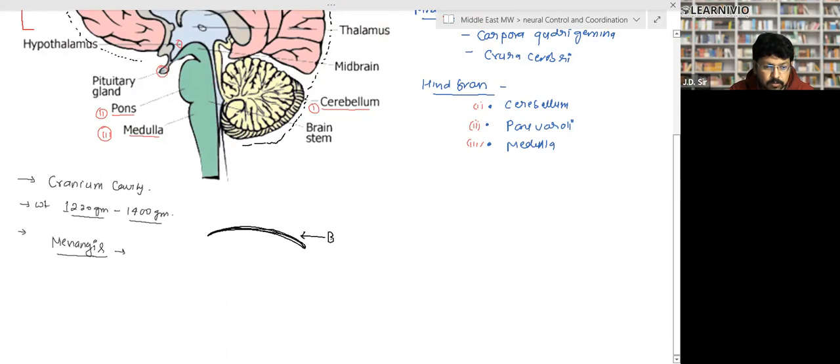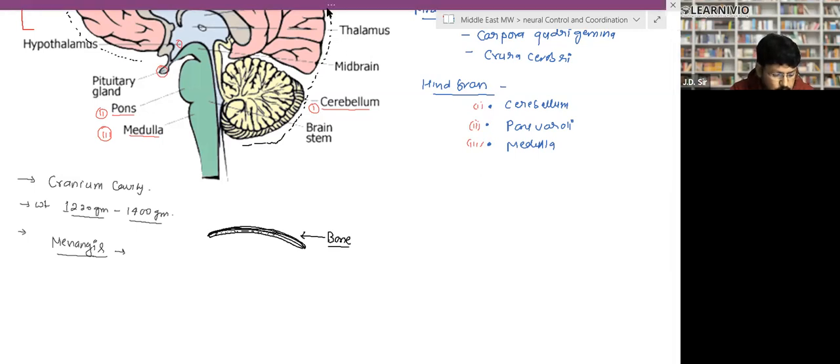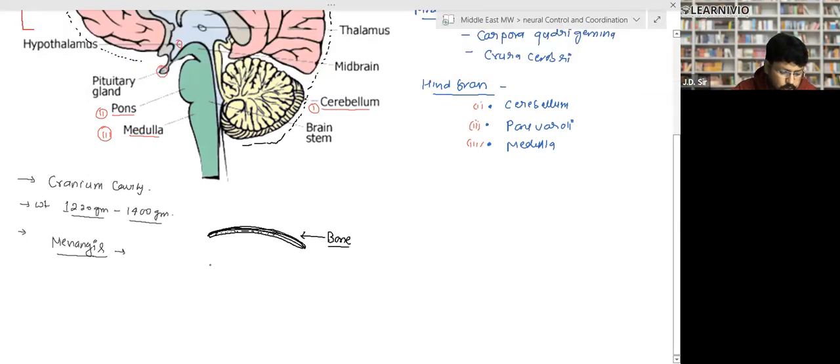This is the bony structure, and below the bone there is a layer, and that layer is called dura mater.